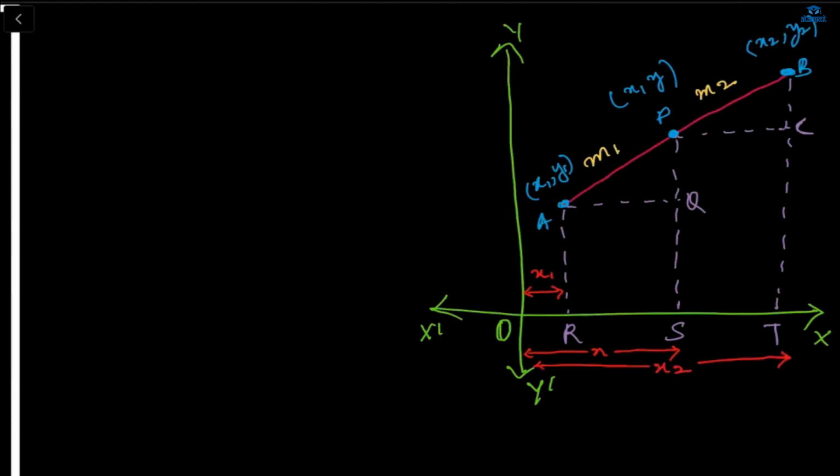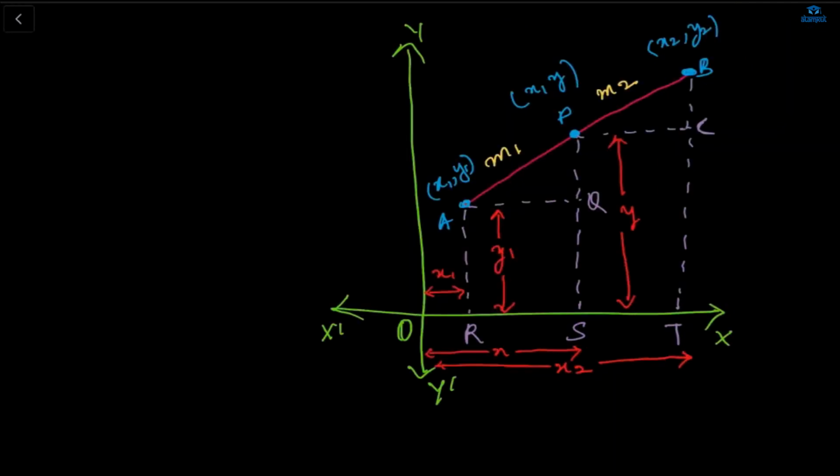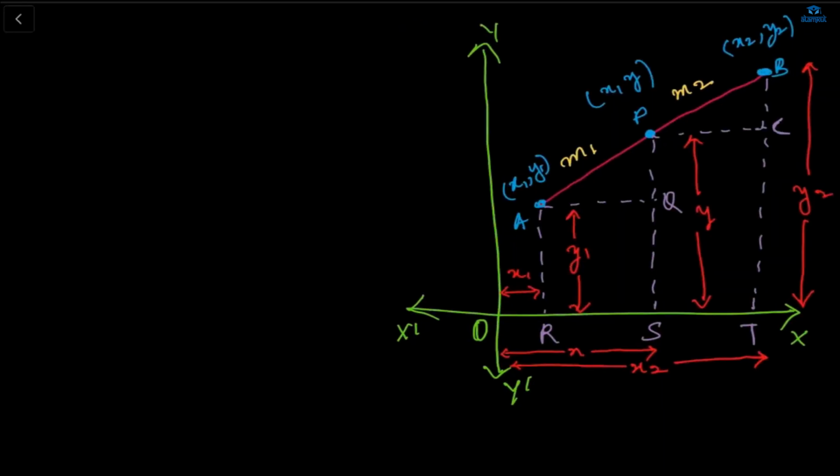Similarly for A, this will be y1, this one will be y. Understood? Now let us see the values. Understood the figure?